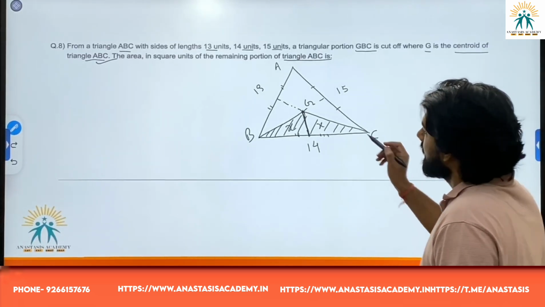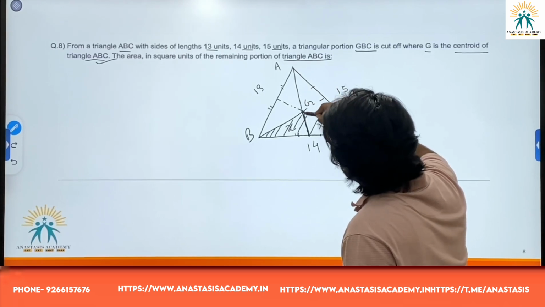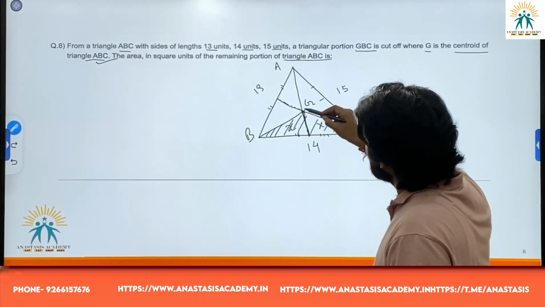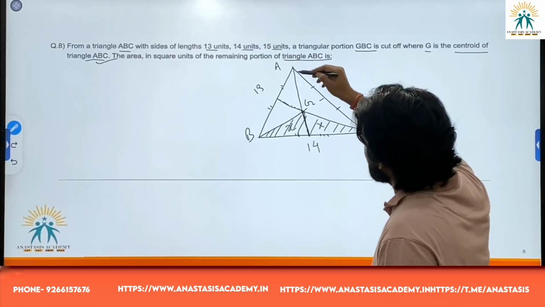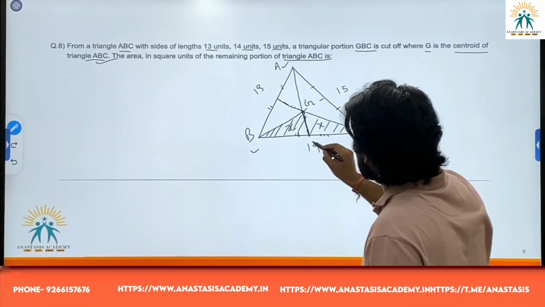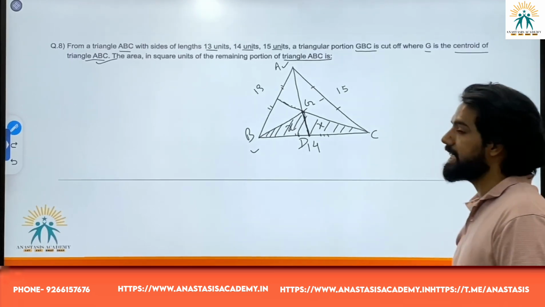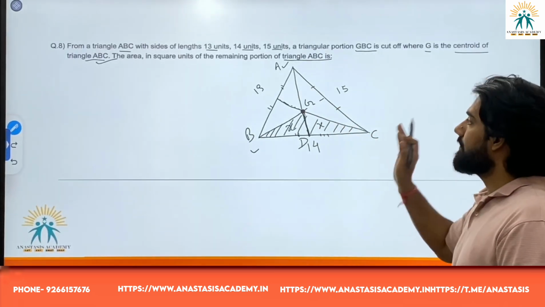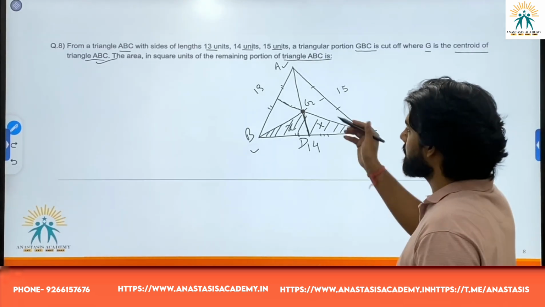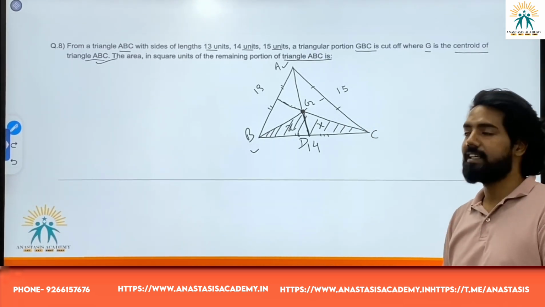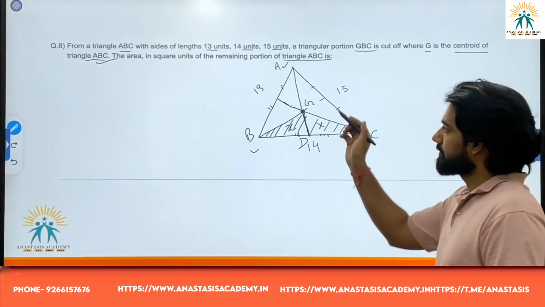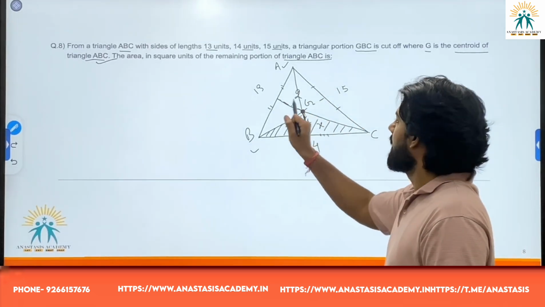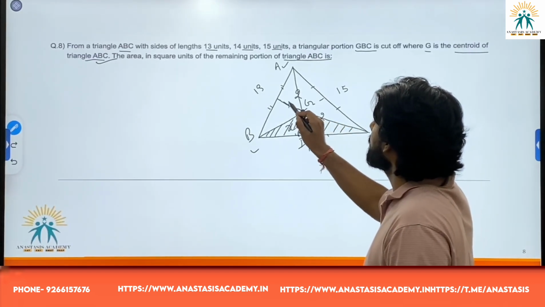Now, carefully, if I join this side, this is also a median. So for this triangle, let's just assume A, B, and let's assume this point as D. I know this point G, the centroid, divides each median in the ratio 2:1.